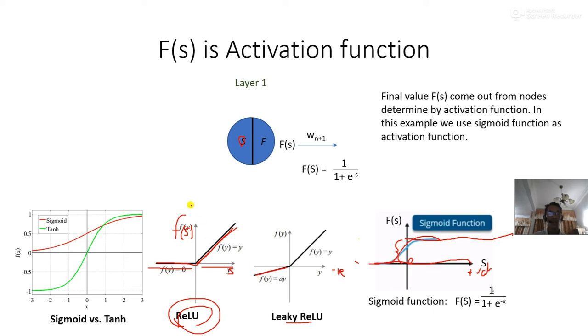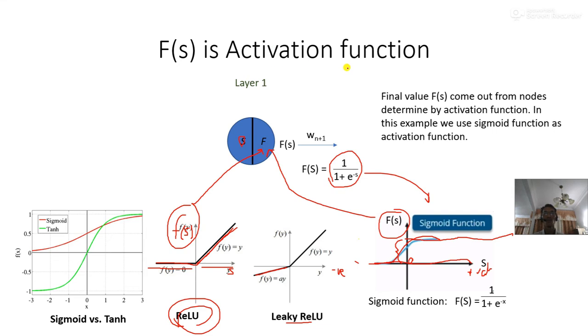Remember here f(s) depends on this one. So this is sigmoid. If you use ReLU, you make this one. The output f(s) is different based on what formula you have here. So that's called the activation function. They activate the input in some certain way.